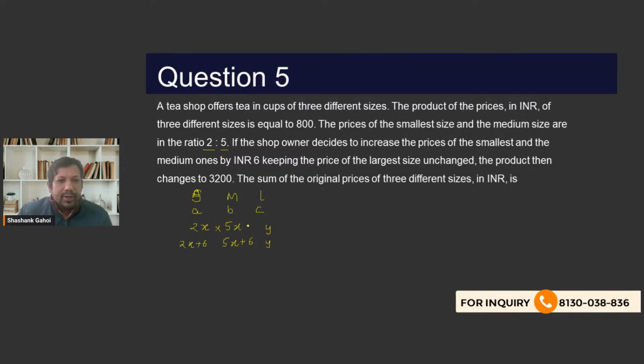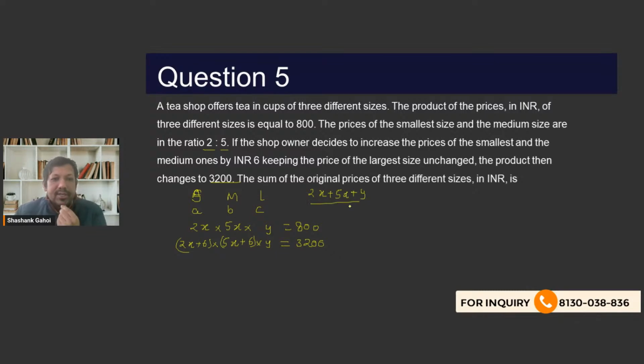So here the product becomes 800 and here the product becomes 3200. The question asks for the sum of the original prices of the three sizes, so what is the value of 2x plus 5x plus y.